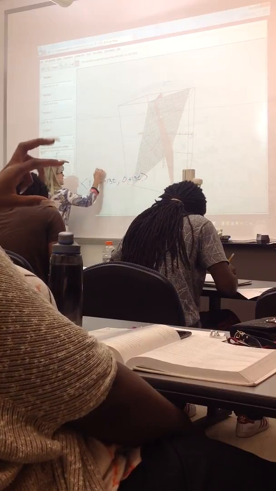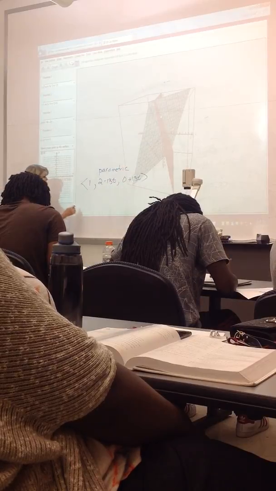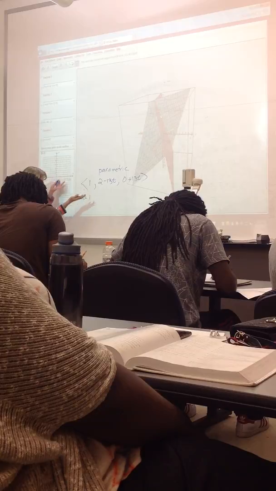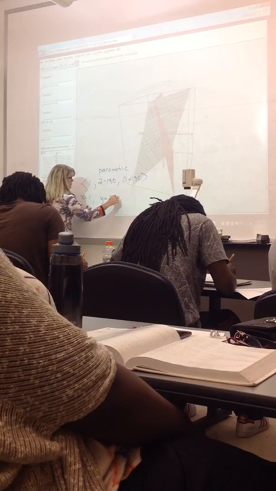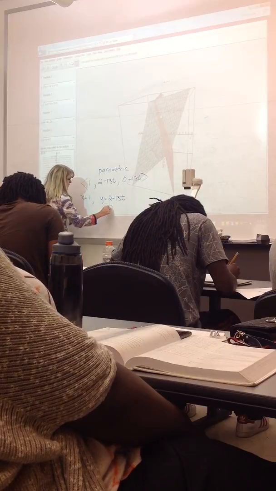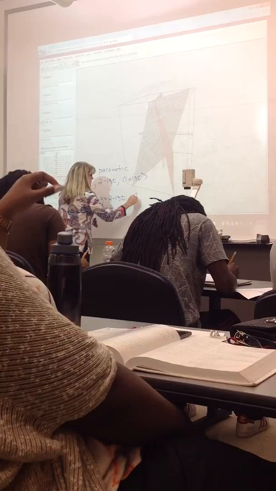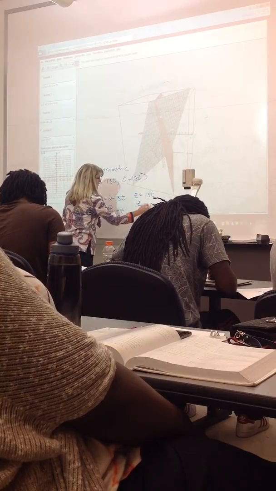Okay, so this is my parametric, but then to get symmetric, we have x equals 1. That's just got to be part of our information. And then we have y equals 2 minus 13t, which means y minus 2 divided by negative 13 equals t. And we have z equals 13t, which means z over 13 equals t.